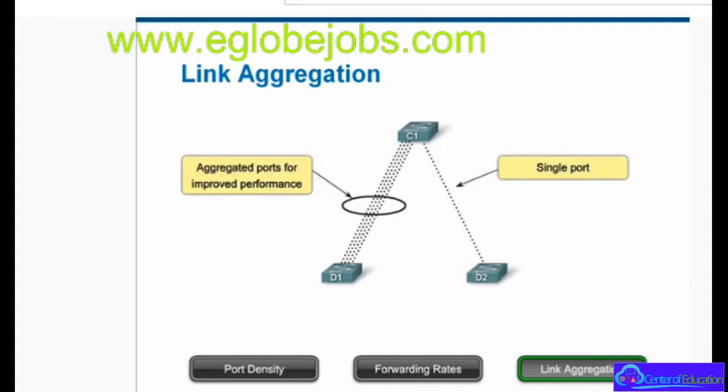If each physical port performs at 1 gigabit per second, then the EtherChannel performs at 4 gigabits per second. Contrast this with the single 1 gigabit per second link that exists between switch D2 and C1. The EtherChannel that is configured provides more bandwidth to accommodate the needs of other access layer switches that may be connected to switch D1.